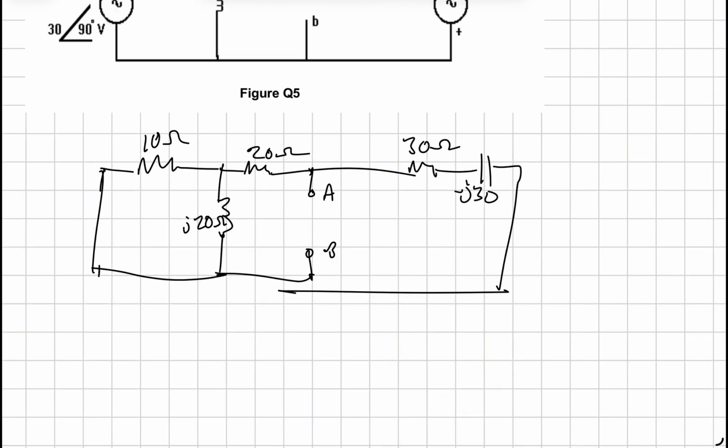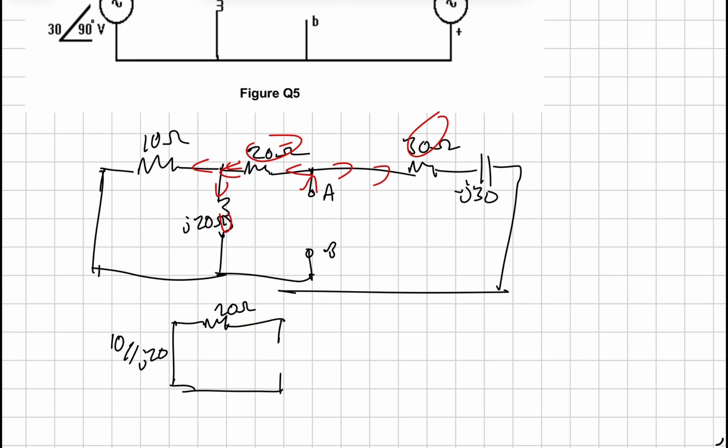Now, imagine a current that goes through here, right? And it splits, so you know that these two are in parallel. But what you also see is when that goes through, they split too. So I want you to try to simplify the circuit. The way that I would interpret this is that I would put these in parallel first, so it would turn into this, and then put my A and B node there, and then 30 minus 30J.